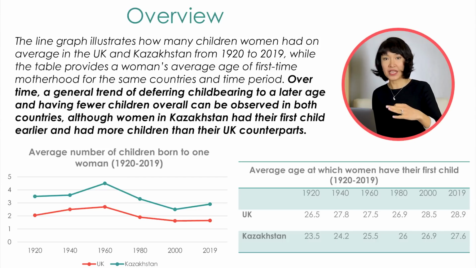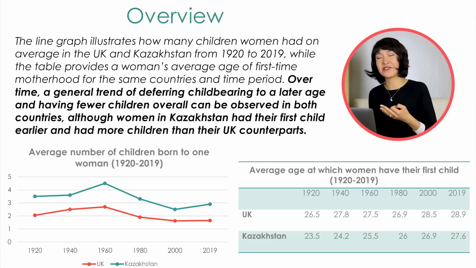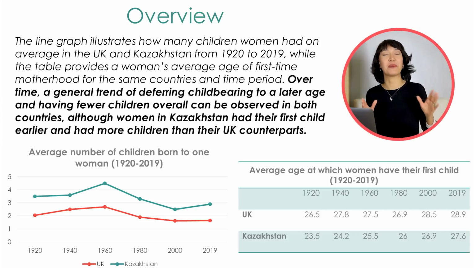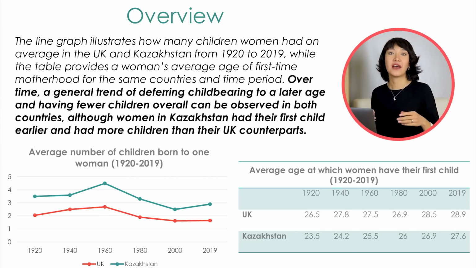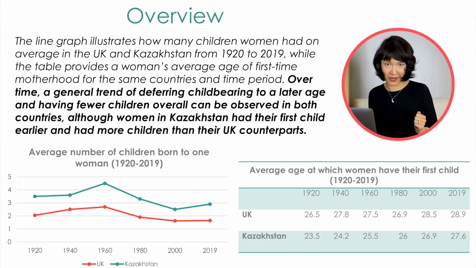To defer is to postpone, to have something later, to have children later. And childbearing is having children. It's a formal word. And the last one, counterparts. It's really handy when you compare 2 groups of people. Women in Kazakhstan and women in the UK, they're counterparts.